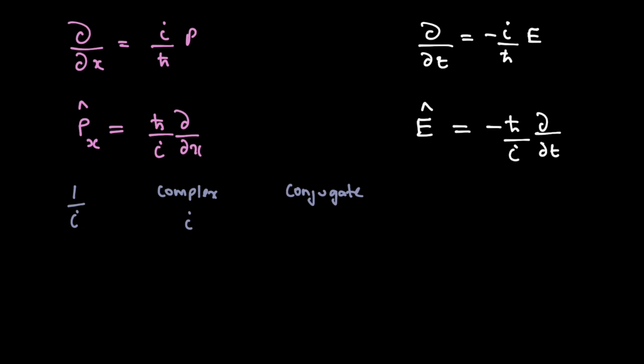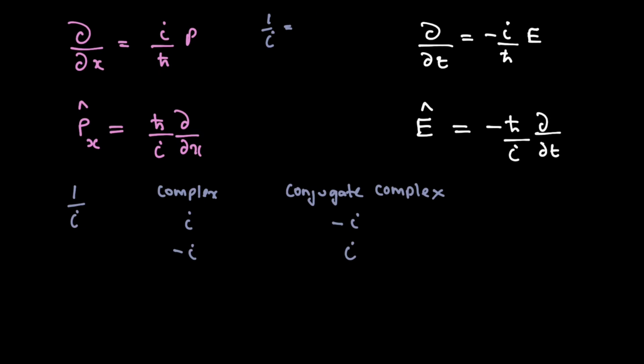The complex conjugate of i is minus i, and if you have minus i, the conjugate will be i. So to rationalize 1 over i, we multiply both numerator and denominator by its complex conjugate.